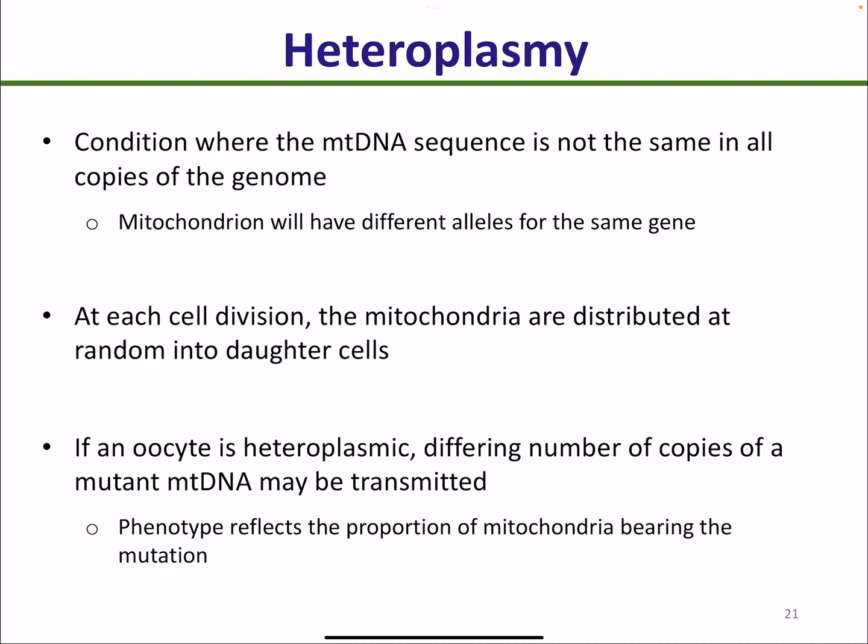Okay, let's take a look at heteroplasmy. Heteroplasmy is a condition where mitochondrial DNA sequence is not the same in all copies of the genome. And again, I'm going back to the DNA repair machinery in the mitochondria not being as effective as in the nucleus, right?